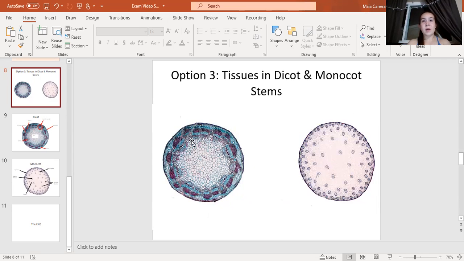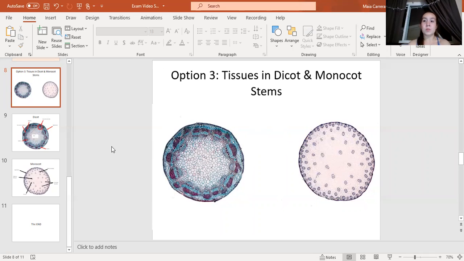Now, in everyday life, you're going to be able to tell the difference between the dicot and the monocot through the way that their leaves are shaped, how many flowers they have, and if you look through a scope, you're going to be able to tell through the embryo, as well as, as you can see here, the shape of the stem cells.